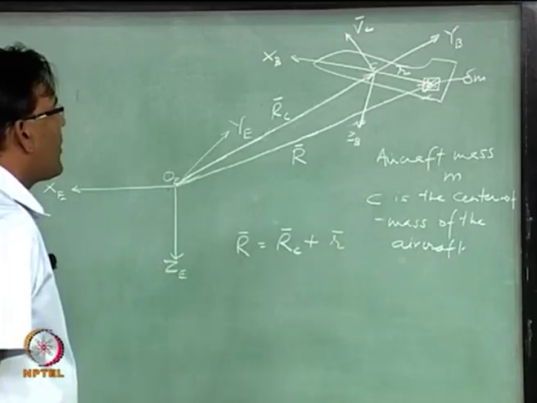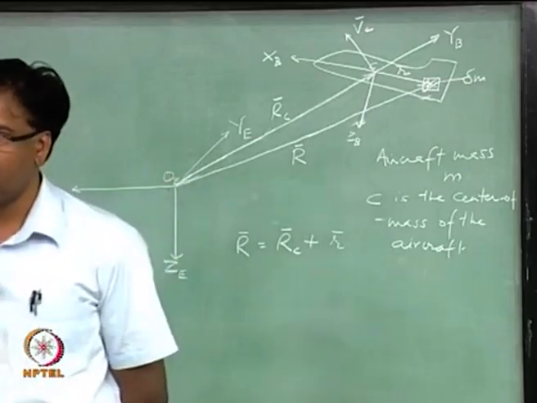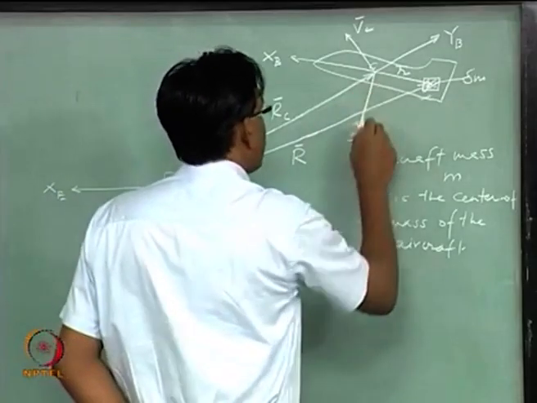And we will also assume that the aircraft is rotating, okay. So, it has an angular velocity which is denoted by this.